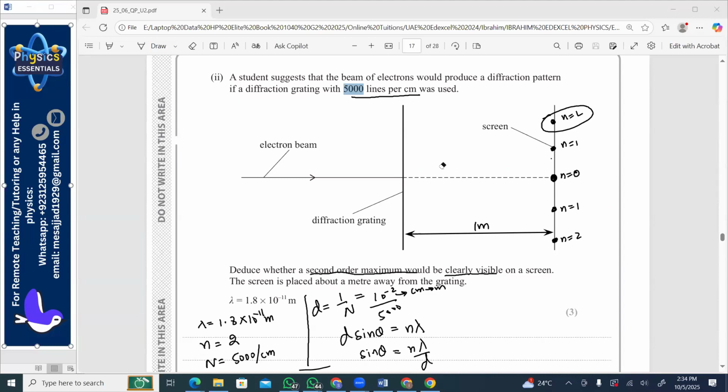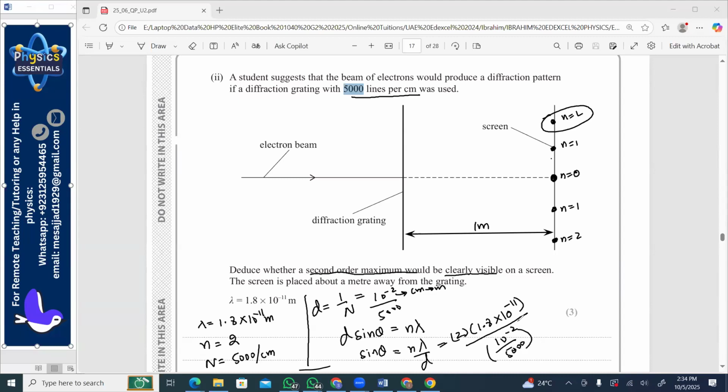So from here, for the second order, just write 2. Wavelength is given as 1.8 into 10 raised to the power minus 11 divided by d, which is 10 raised to the minus 2 over 5,000.